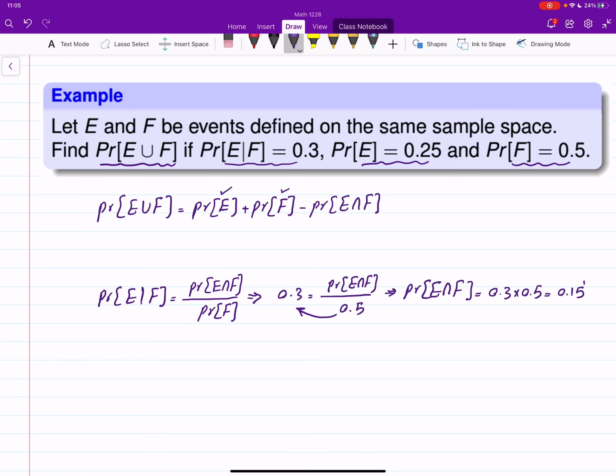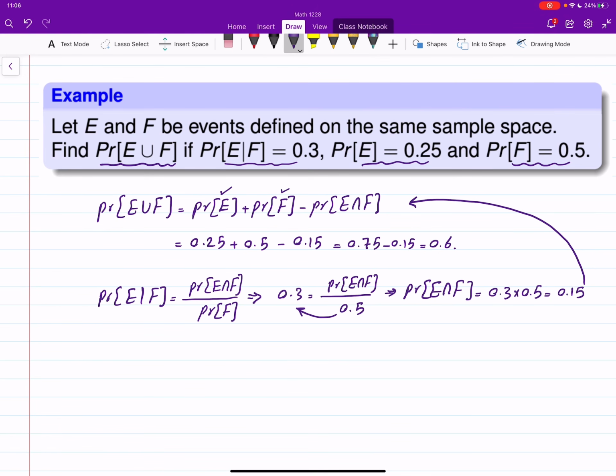Okay, now having that, I can go back and use the formula that I prepared there. 0.25 is probability of E, 0.5 is probability of F. Now I have the probability of the intersection, so that is 0.75 minus 0.15, which is 0.6 or 60%.